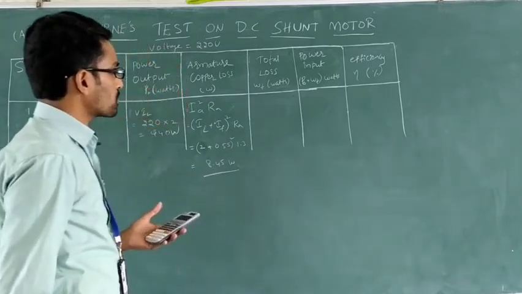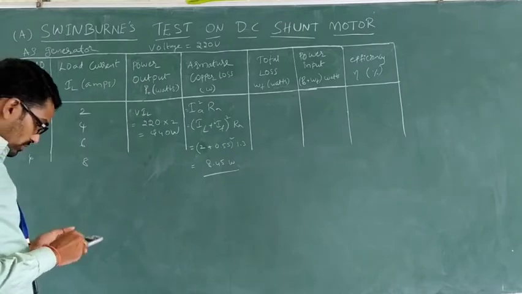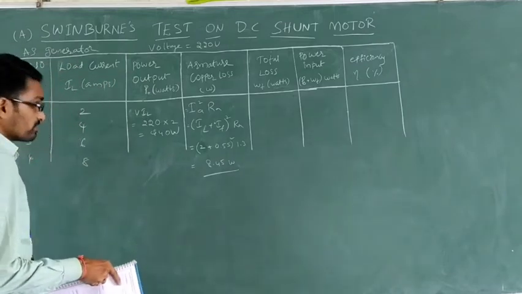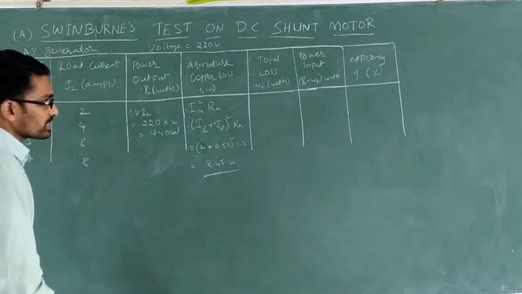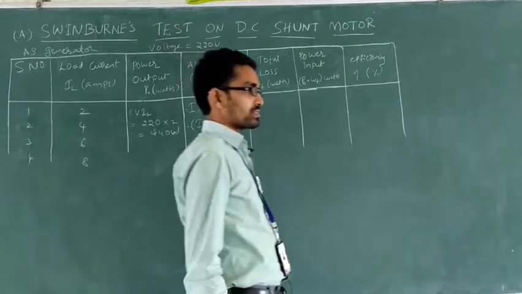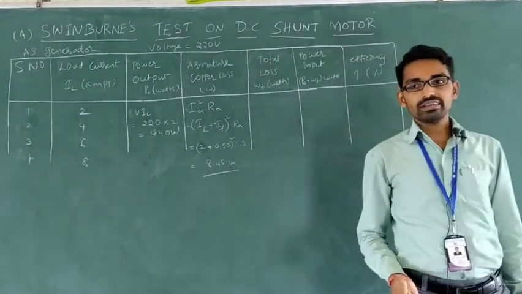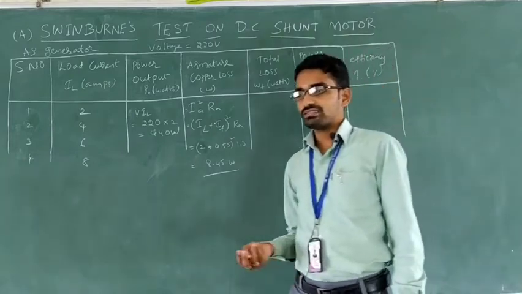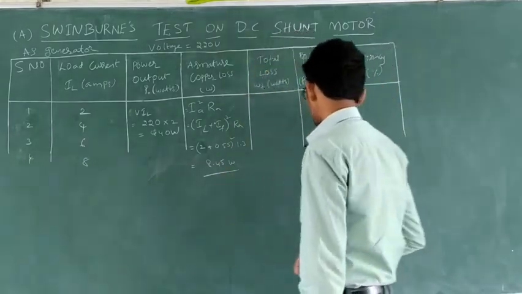Then you have to calculate the total losses. The formula for total loss: you have two different types of losses. First one is constant losses and then variable losses. You have to add these two losses.